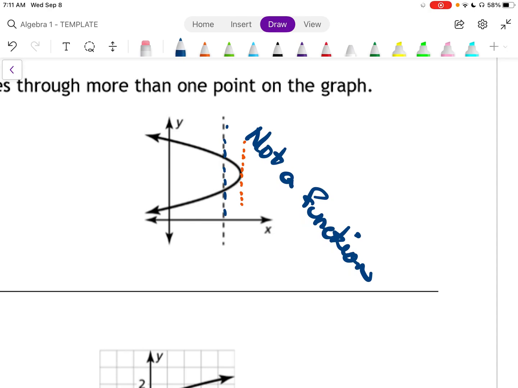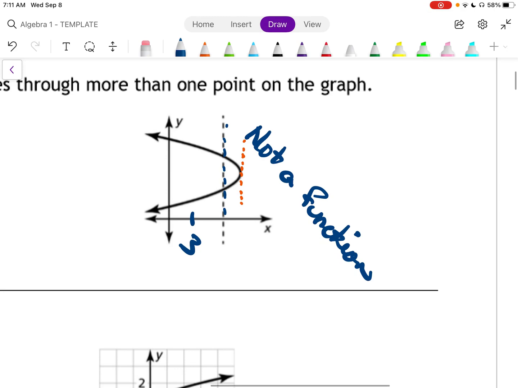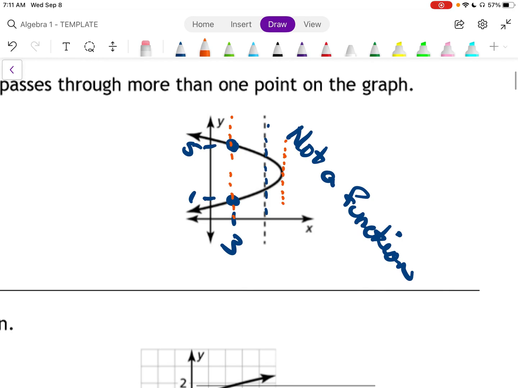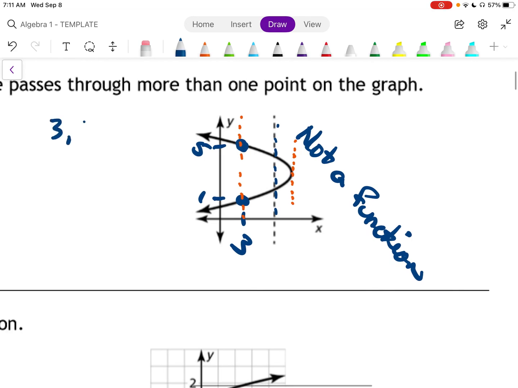Just so that we can see what this would be like, maybe that's 3. We'll talk about this point. That'll be 1. And this point, that'll be like 5. We could draw a vertical line through that. So it fails the vertical line test, right? But what would that mean as points? Well, those 2 points would be (3, 5) and (3, 1).